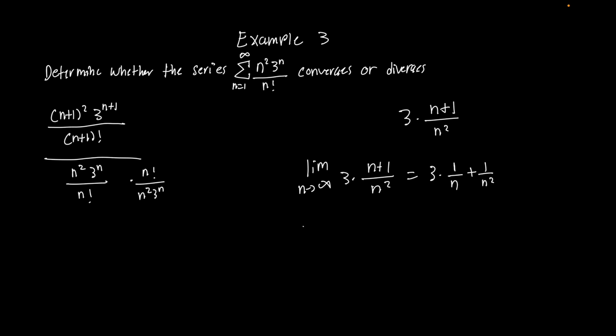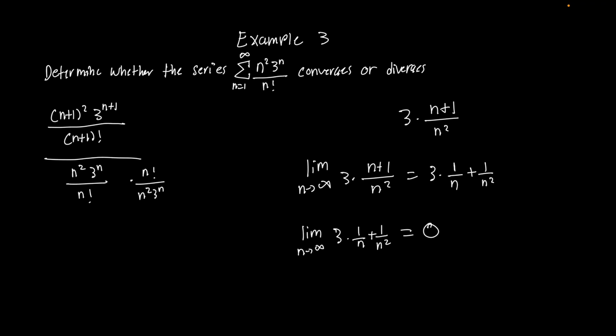So let's rewrite this. The limit as n approaches infinity of 3 times 1 over n plus 1 over n squared is equal to 1 over infinity, which is just 0, plus 1 over infinity squared, which is also just 0. Remember, a small number divided by a big number is 0. And 3 times 0, everything is just 0. So we know that 0 is less than 1.